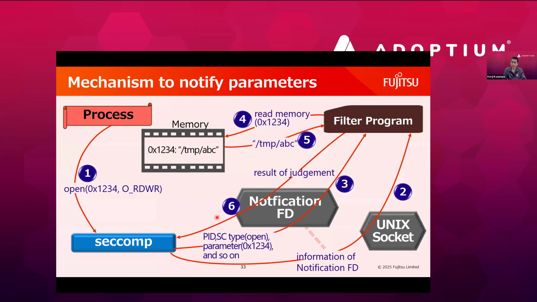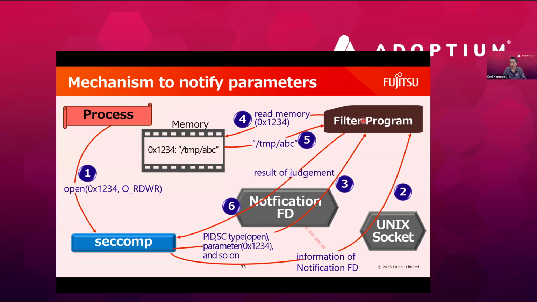And how does the filter program analyze the parameters? This picture is a little bit complicated, but the point is here, step 3: the notification from seccomp includes the process ID and parameter values. In this case, the memory address in user space, 0x1234.